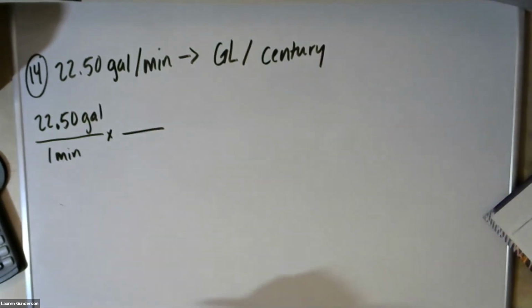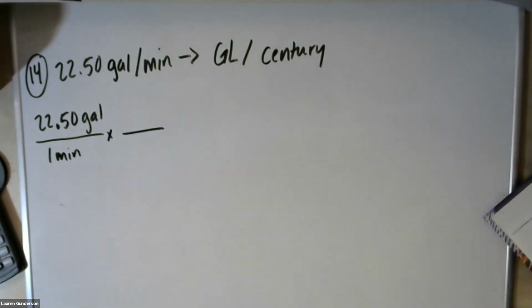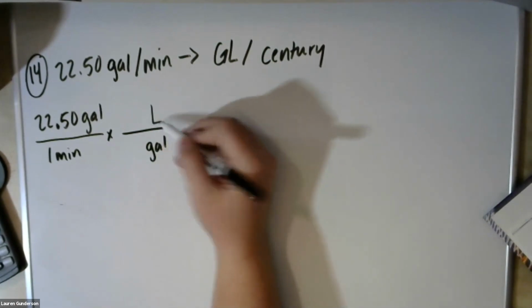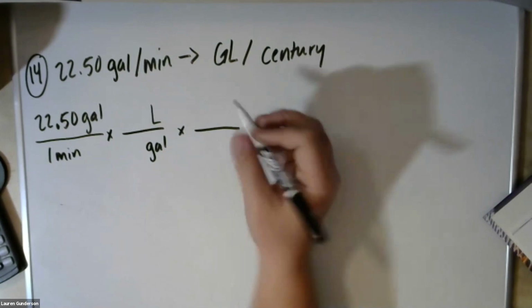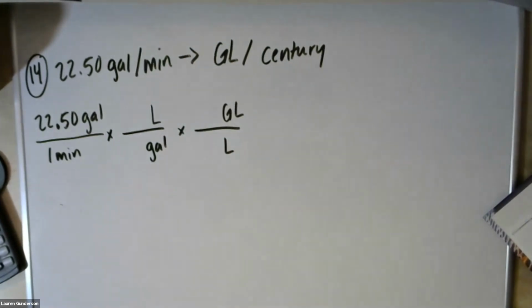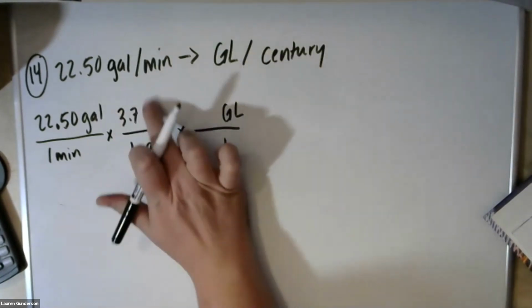Okay, and I'm going to go from my first step. I just like to start with whatever unit is on top. As you've seen multiple times, that's just my method to approach these. So I'm going to look at my table. I'm going to convert gallons into liters. And then I'm going to convert liters into gigaliters. Okay, so according to my table, every 1 gallon is going to be 3.785 liters.